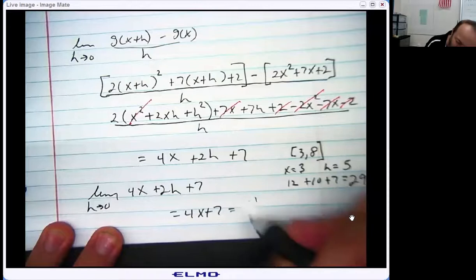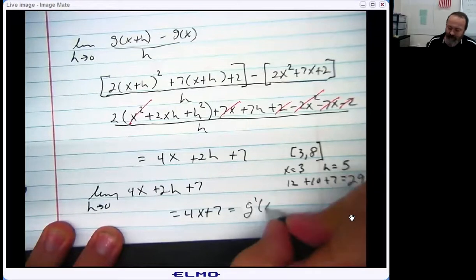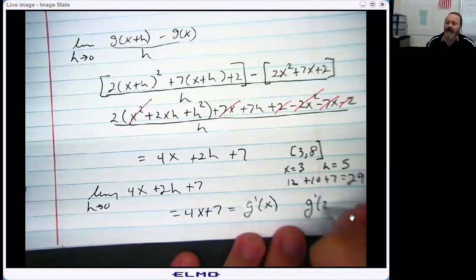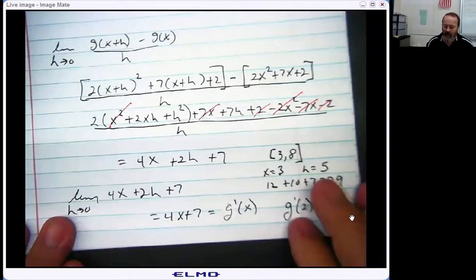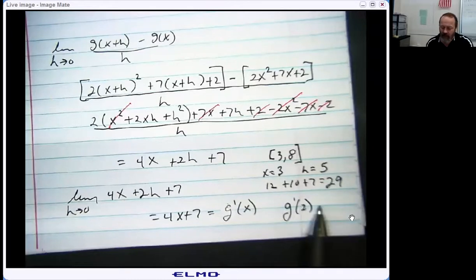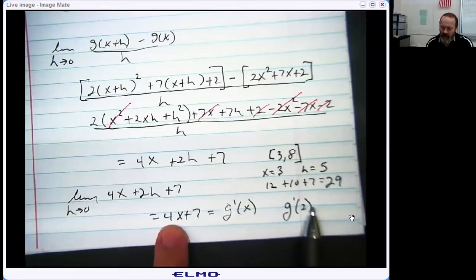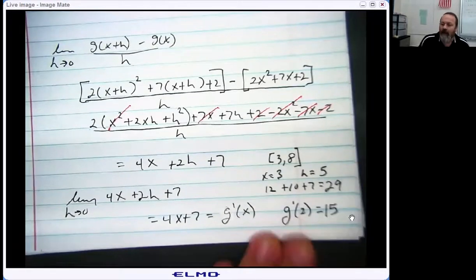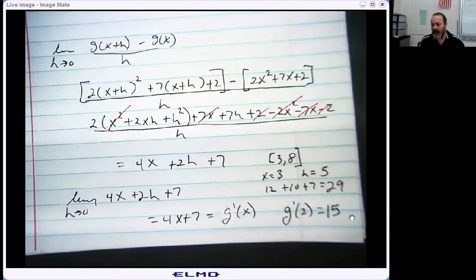We'll call this g prime of x. So if someone were to ever ask you, hey, what is g prime of 2? They're saying, can you use your equation and tell me the slope of g at x equals 2? And you could see right here, 4 times 2 is 8, plus 7 is 15. And so g prime of 2 would be 15.